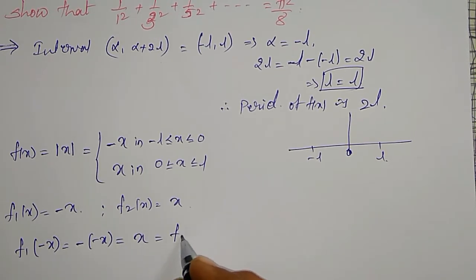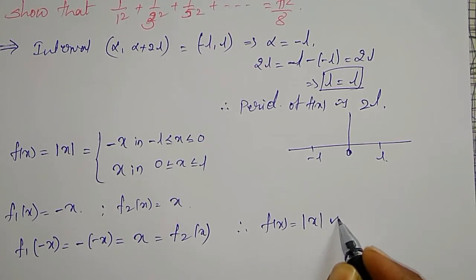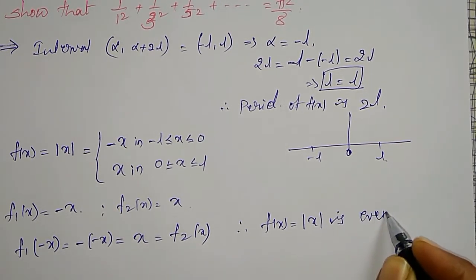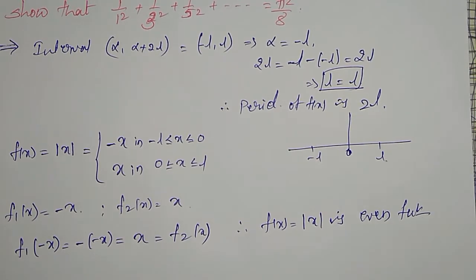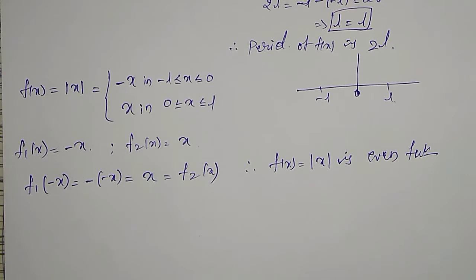That is my f2 of x. f1 of minus x equals f2 of x. Therefore f of x equals mod x is an even function. If it is an even function, then some of the Fourier coefficients will become 0. Which Fourier coefficient becomes 0? Let me check one by one.